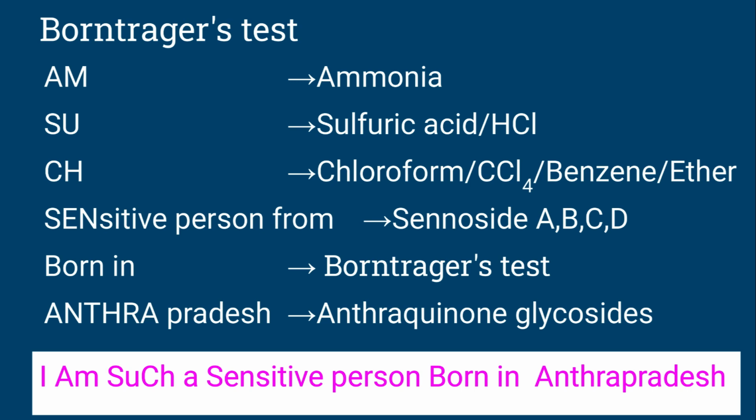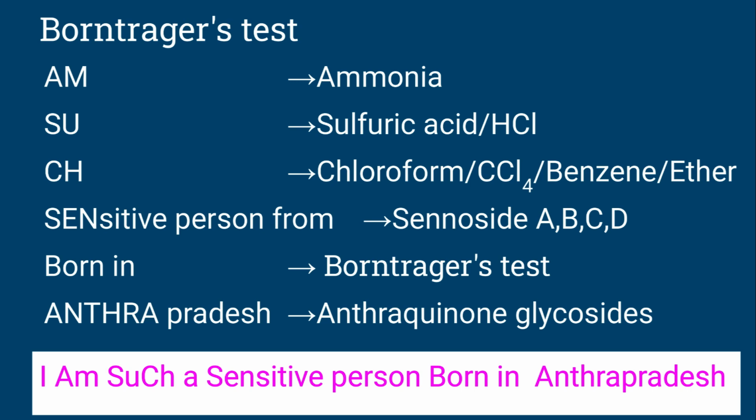These are very important anthraquinone glycosides. So, we can remember that Borntrager's test is used to identify senosides. Senosides are anthraquinone glycosides, and Borntrager's test is used to identify anthraquinone glycosides like senosides.